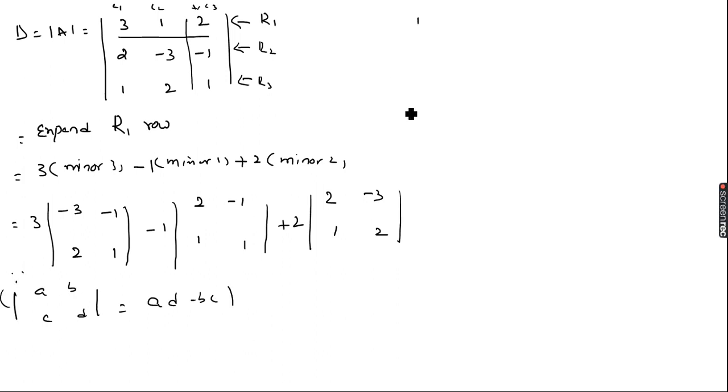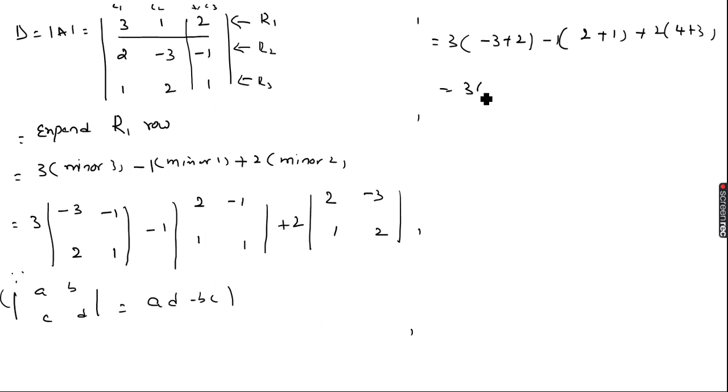So applying the formula AD minus BC, we get 3 into minus 3 plus 2, minus 1 into 2 plus 1, plus 2 into 4 plus 3.